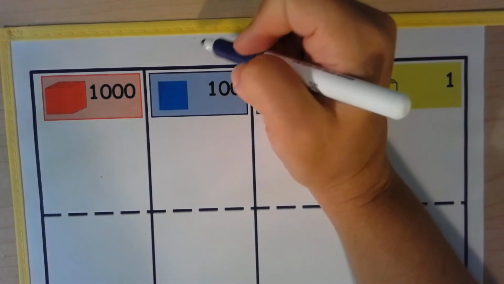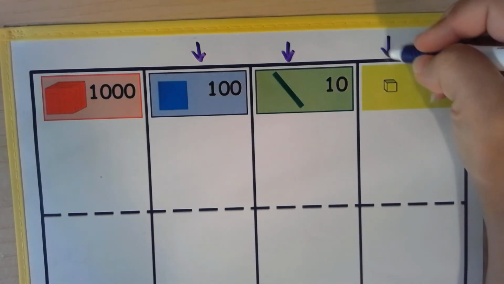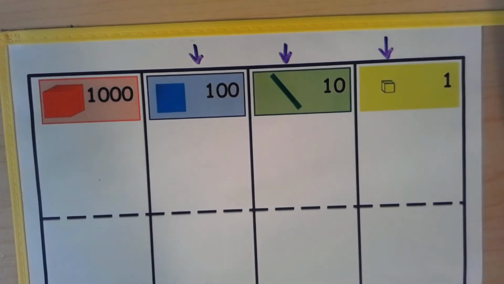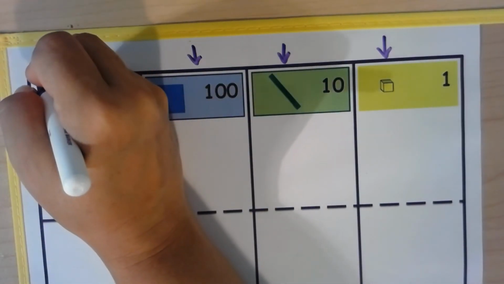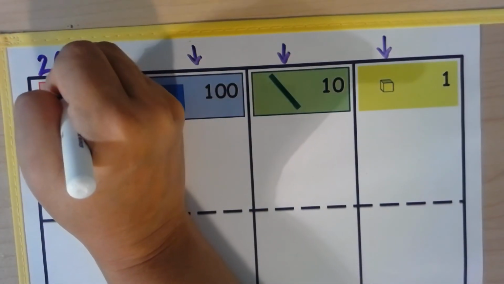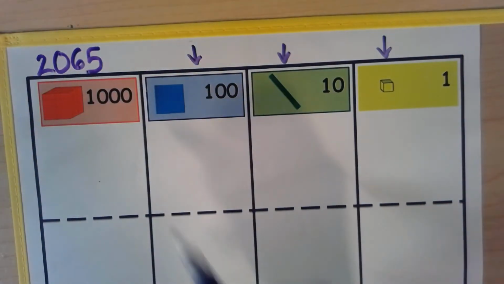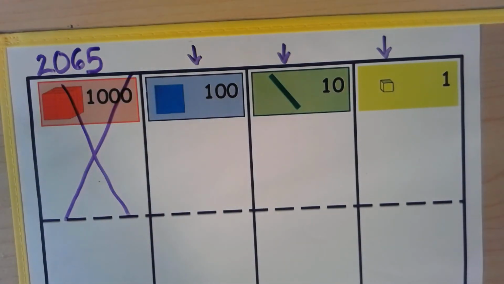So only use this column, hundreds, this column, tens, and this column, units. Do you need the number again? I can write it for you. The number is 2,065. But you're not allowed to use thousands. Can we even do that? Can we write the number 2,065 without using thousands?